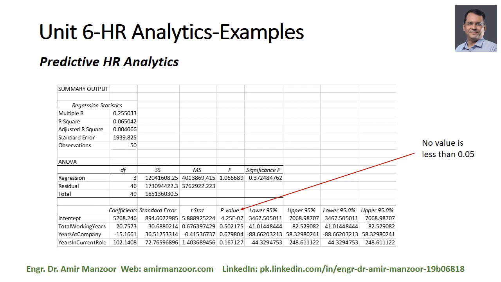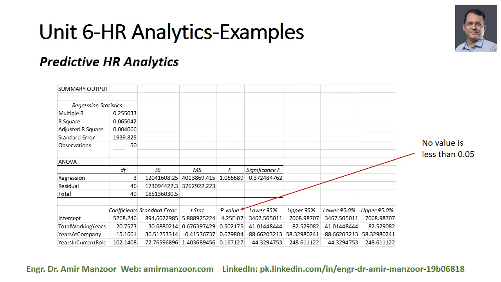Another important thing, besides the quantitative impact of these independent variables, is the statistical significance of these independent variables, and this is established by the p-value. As a rule of thumb, an independent variable has a significant impact on the dependent variable only if the p-value of that particular independent variable is less than 0.05.